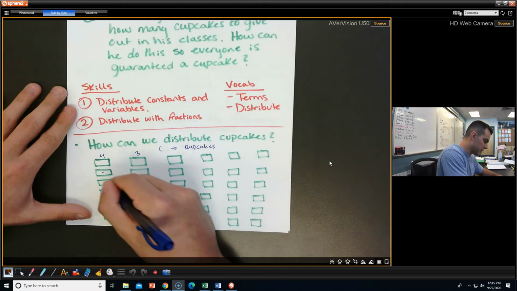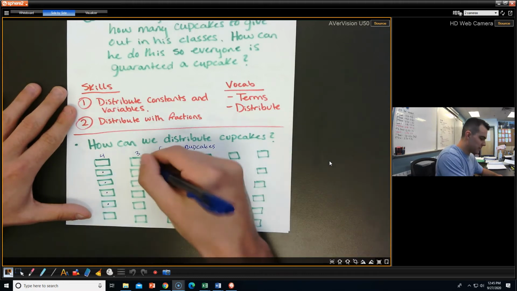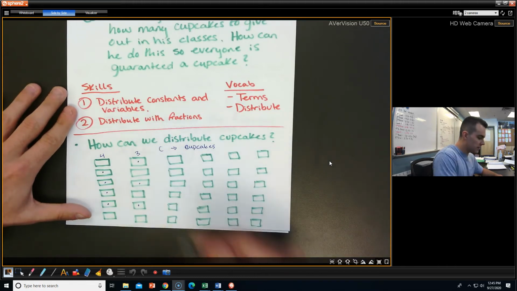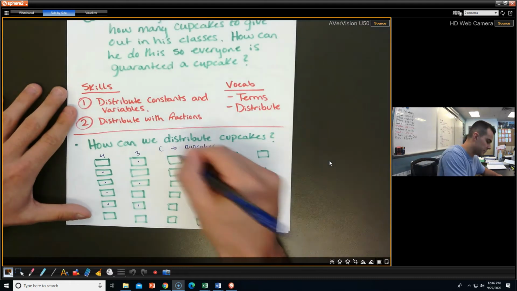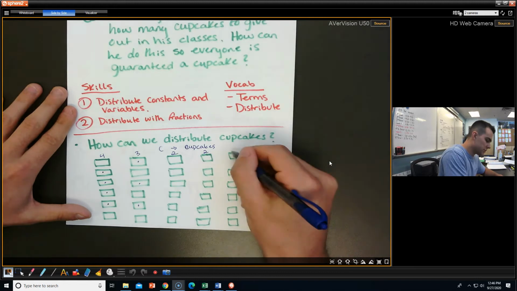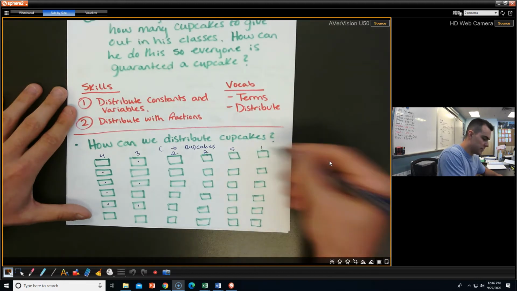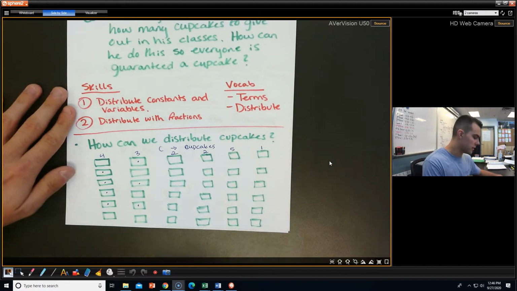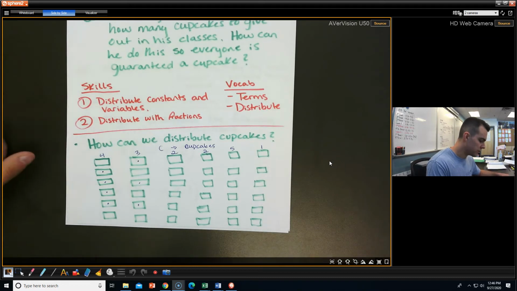There's one right here, one right here, and so on. We'll say this one has 2, this one has 2, this one has 5, and we have 1 lone soldier over here. So 4, 3, 2, 2, 5, 1, and I need to figure out a good way to give out cupcakes.